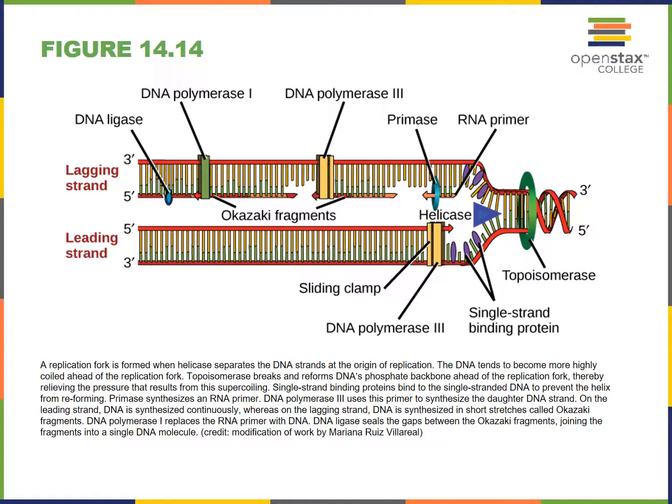Just know that the template parental strand is on the outside, and that the newly synthesized one is on the inside. This image is showing a replication fork, which is one half of a replication bubble.